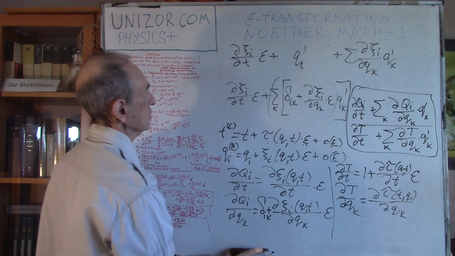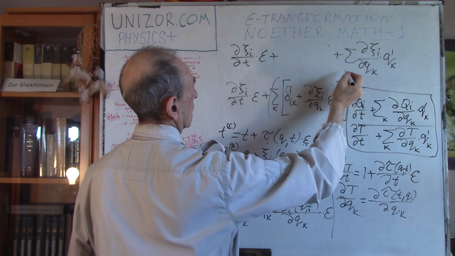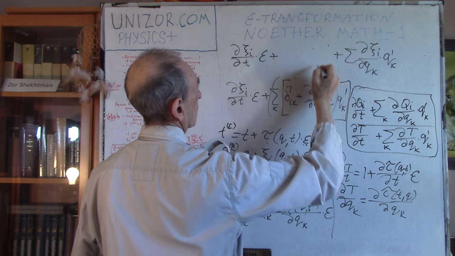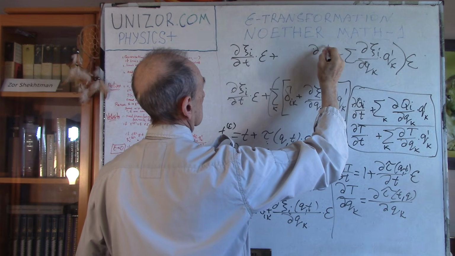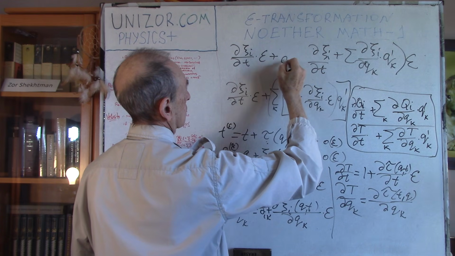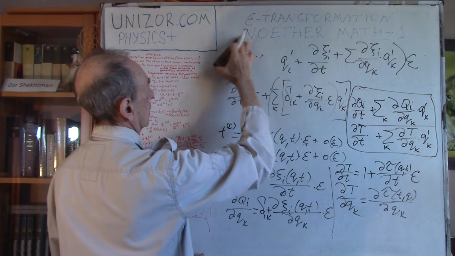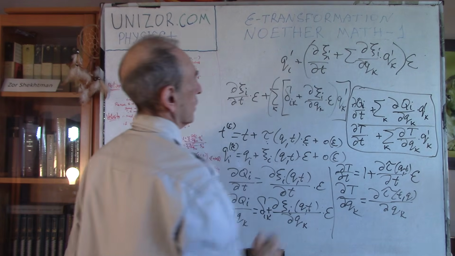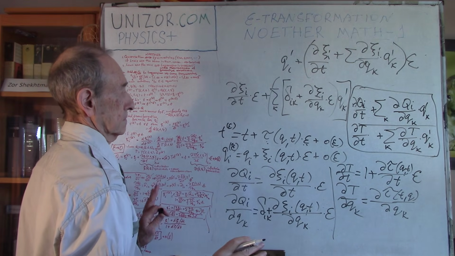And I will change it slightly differently: I will put epsilon outside of the parentheses, epsilon times dxi by dt and qi plus. I changed the order and put epsilon outside of the parentheses. That's the same thing. All right, done.